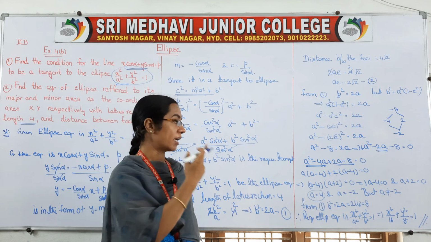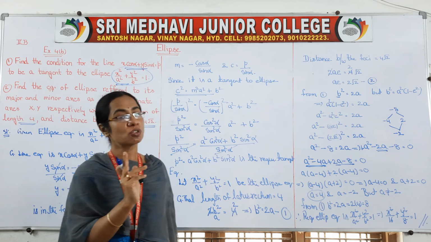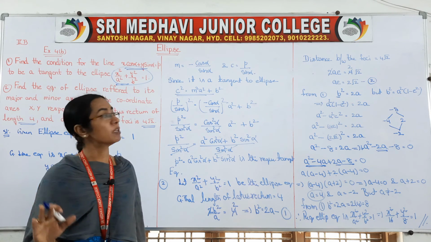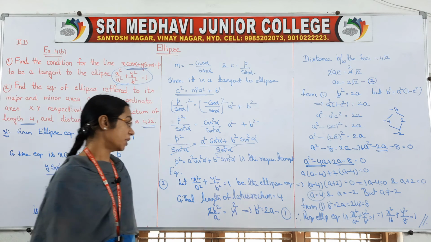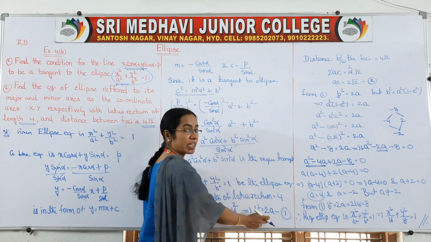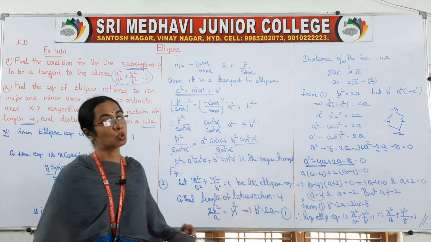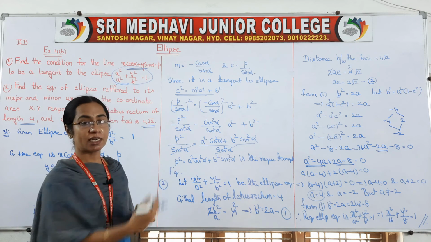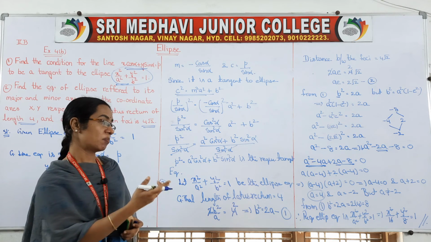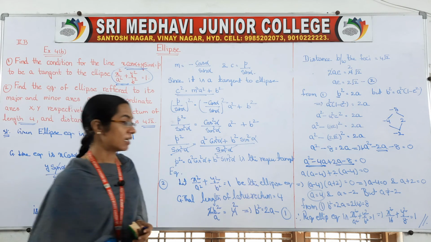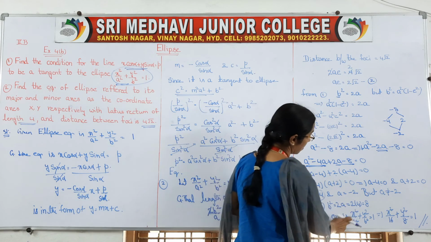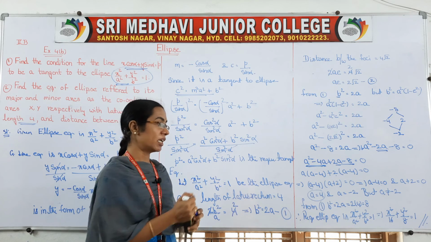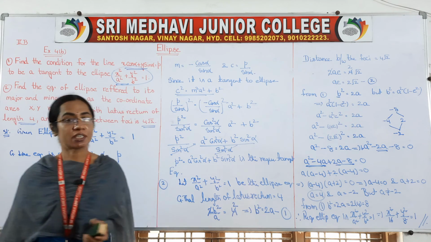So we go for a is equal to 4. We got the a value, and we need b also to write our standard ellipse equation. We get b from our first equation, b square is equal to 2a, which means 2 into 4, that is 8. Once we got a and b values, substitute in the standard ellipse equation, x square by a square plus y square by b square is equal to 1. Then you will get your required ellipse equation.